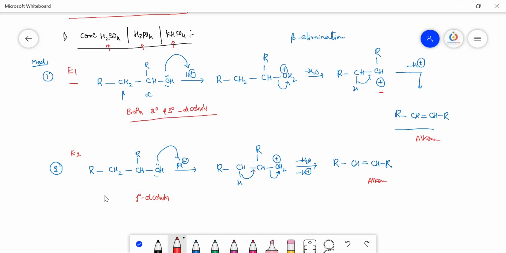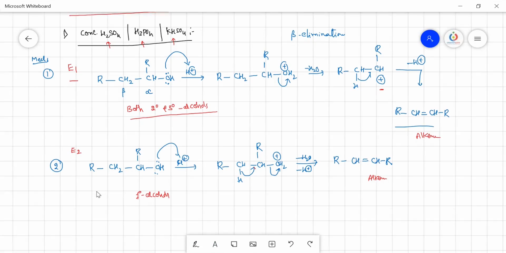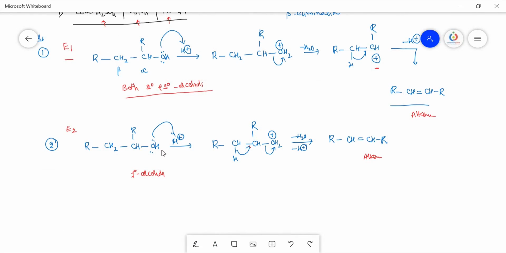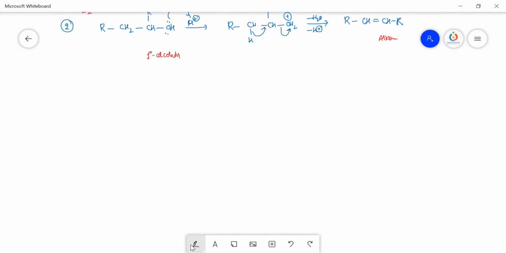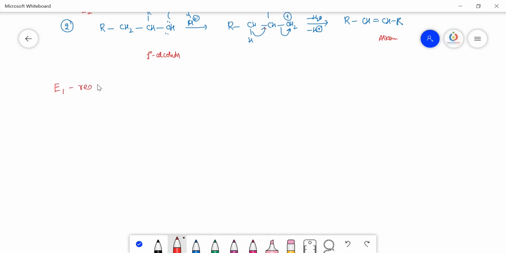But to some extent, let us see here. I'll take an example for each and every one. So first of all, I'll take the example for the E1 mechanism. So again and again I don't discuss the mechanism. So E1 reactions example. So in the case of the E1 reactions, I'll take one example here.